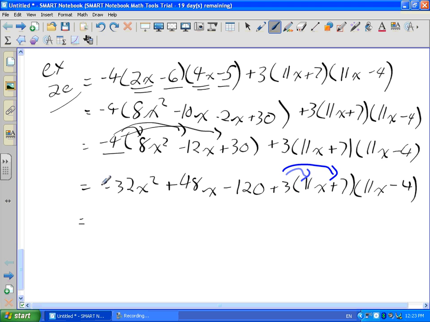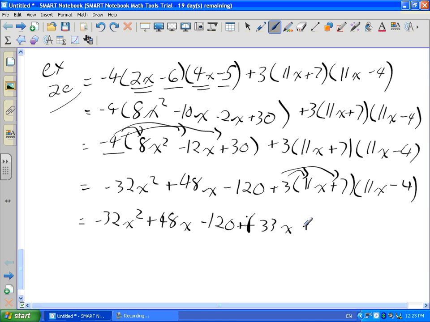So what that would look like, I continue writing down what I had before. When I distribute my 3 into both, I get plus bracket 33x plus 21 end bracket minus 4.